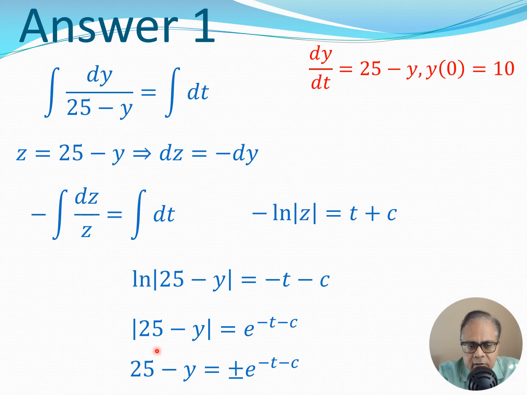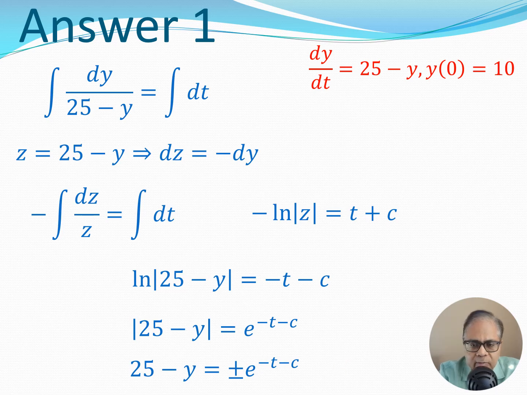So I will get the absolute value of 25 minus y equals e to the power minus t minus c, and then I can write that 25 minus y equals plus minus e to the power minus t minus c. This plus minus comes here because you have the absolute value, so this is going to be free in sign. So this is the equation.